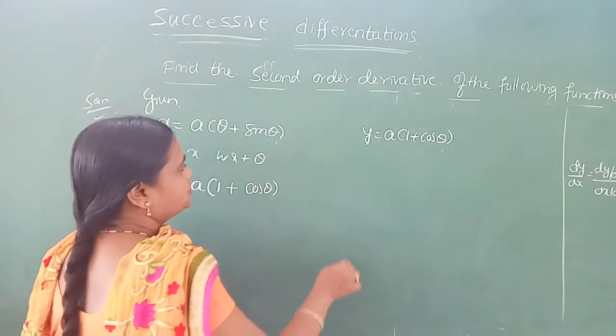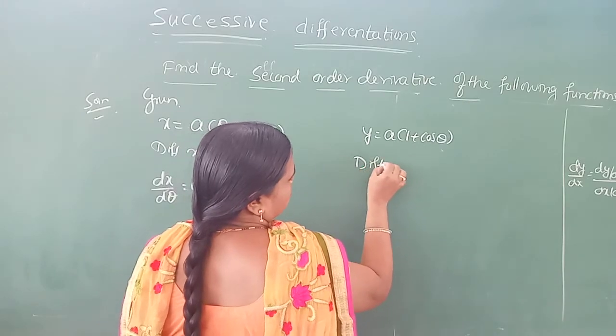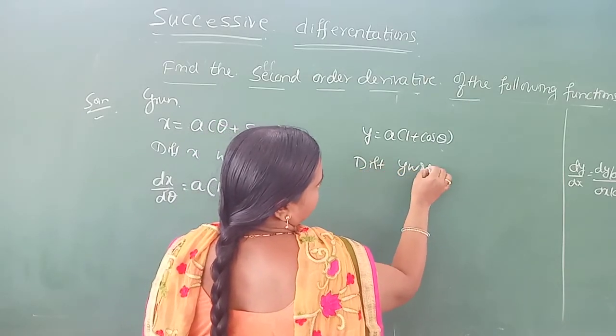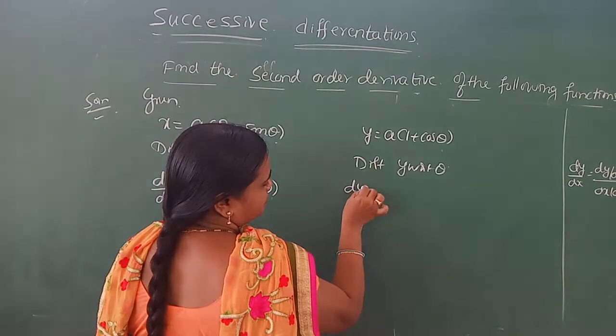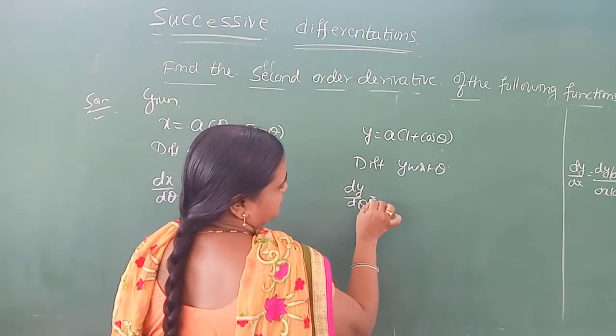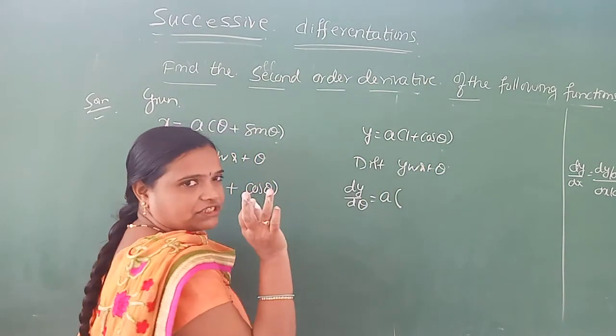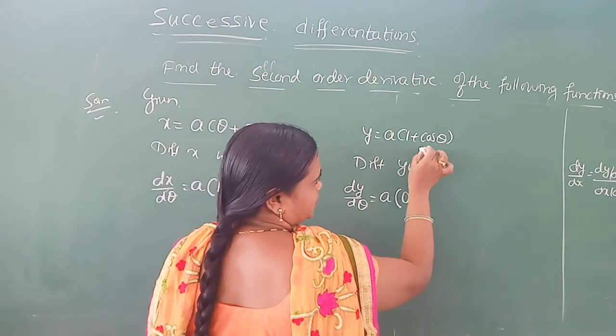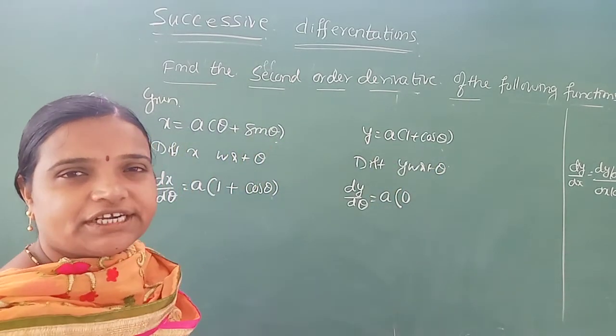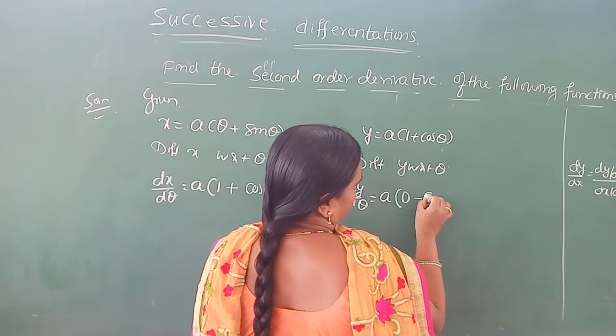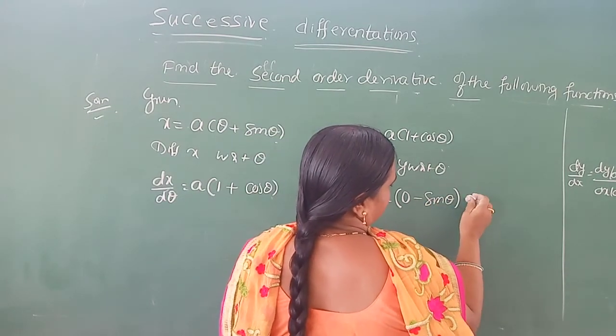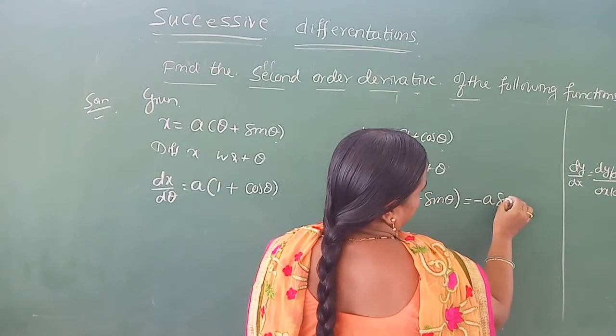Okay, next differentiate y with respect to theta, dy by d theta. The differential of the constant 1 is 0, and the differential of cos theta is minus sin theta. Plus into minus, therefore we can write minus a.